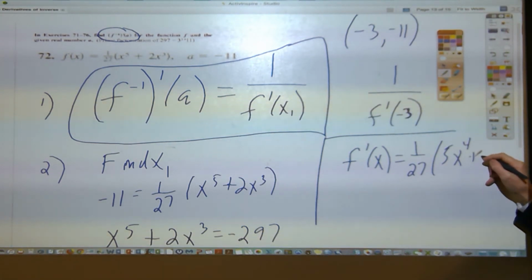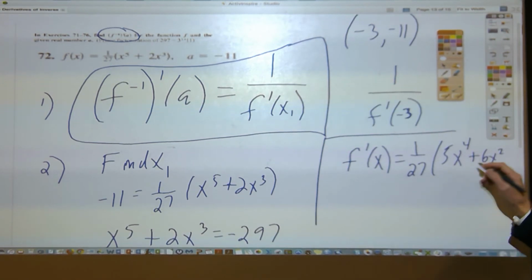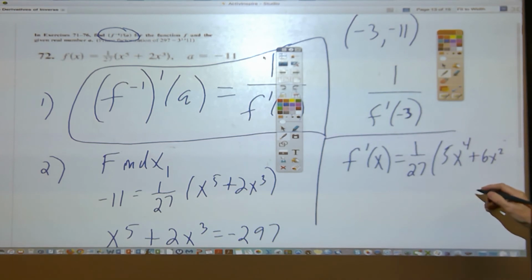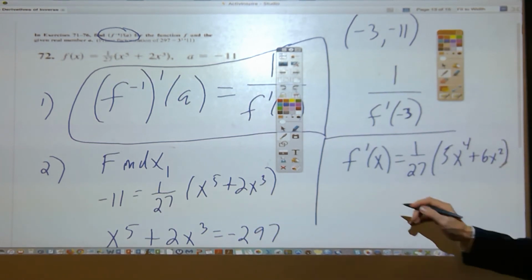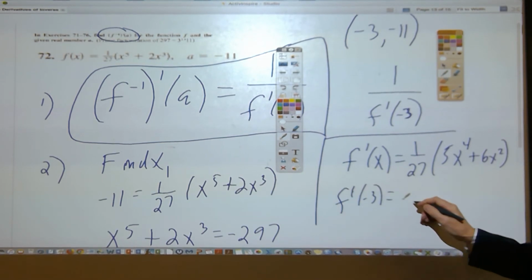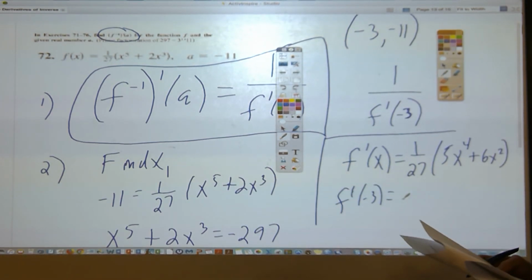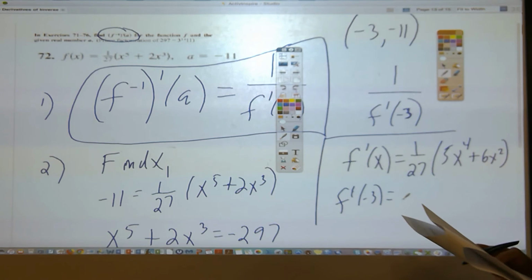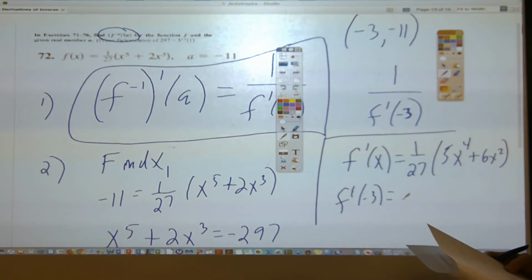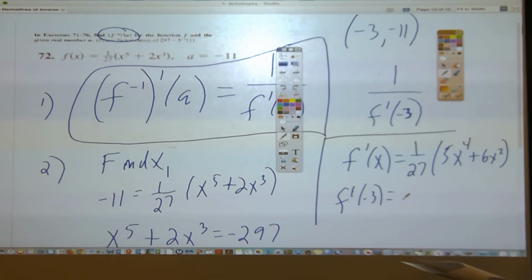1/27, 5x to the 4th plus 6x squared. And when you plug -3 in for x, you get, and you have to trust me on this, I hope you believe me, when I say that the answer is 17.